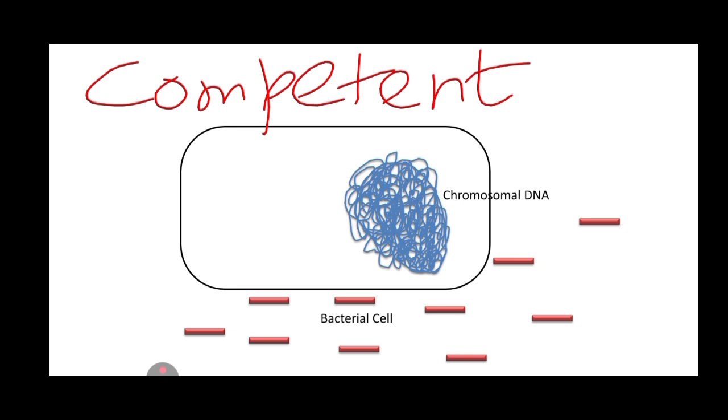For example, Streptococcus pneumoniae and Bacillus subtilis are able to take up DNA directly from the ecosystem. And how this DNA is taken up into the cell is the most interesting point, so we'll discuss it in the next slide.